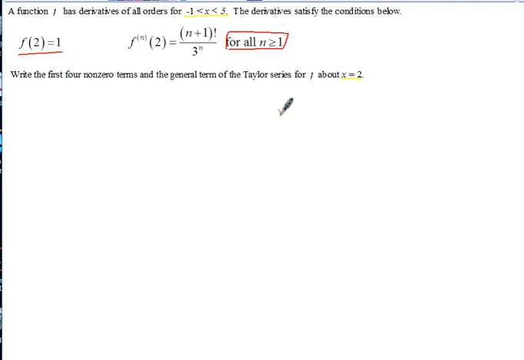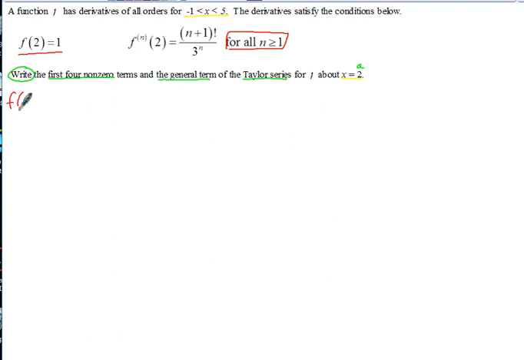So starting with the first derivative. All right. So this one, though, says write the first 4 non-zero terms and the general term of the Taylor series about x equals 2. So there's our a value 2. So let's write out the pattern first for the Taylor series. So it's going to start with the 0th derivative at 2.